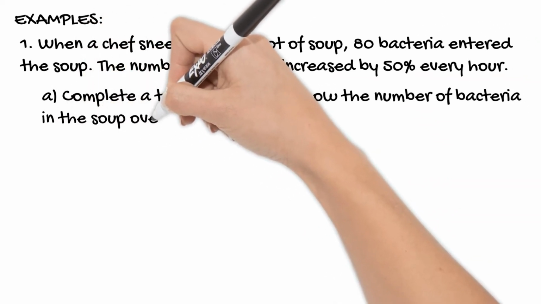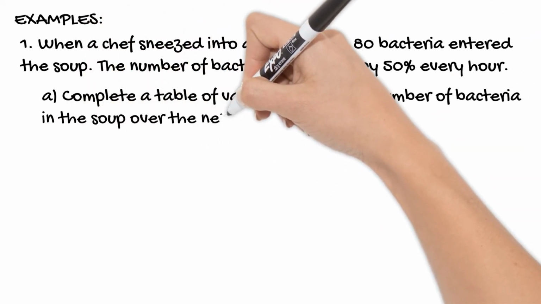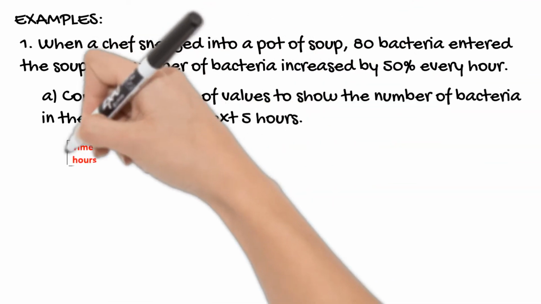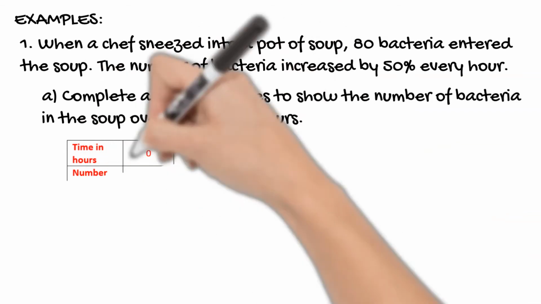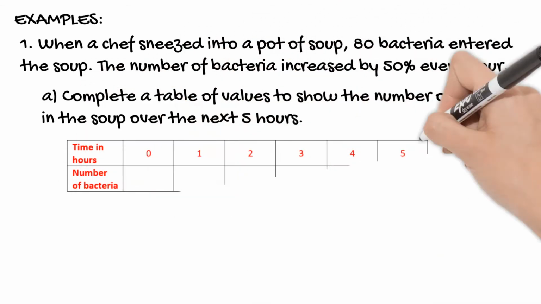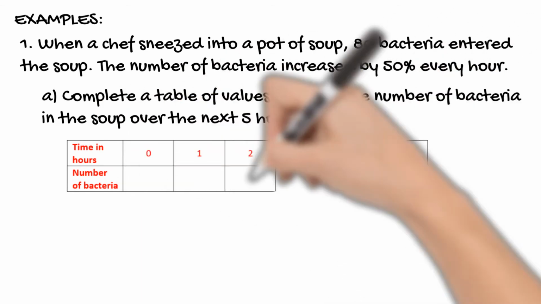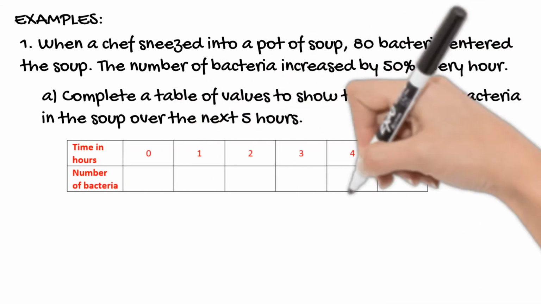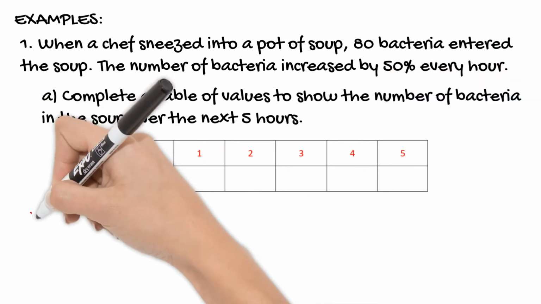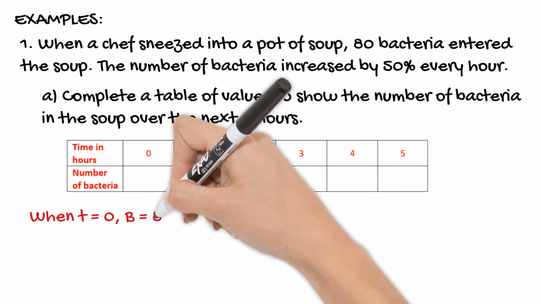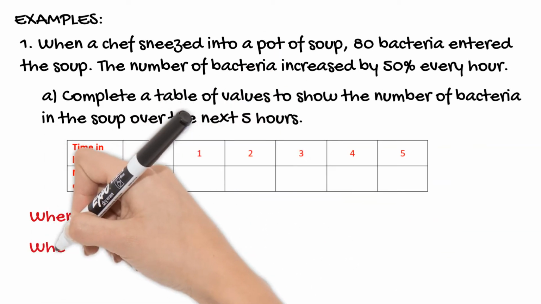As I mentioned, when T is 0, B, or the number of bacteria, is going to be 80. And then when T is 1, the number of bacteria is going to be 80 plus an extra 50% of 80. There's a few different ways we can work that out, but what we're essentially doing is multiplying our value by 1.5, because 150% is the same as 1.5.